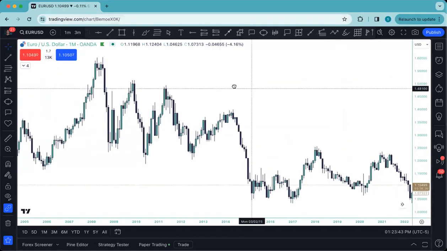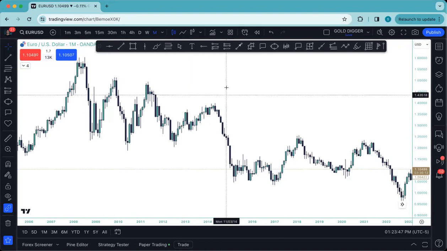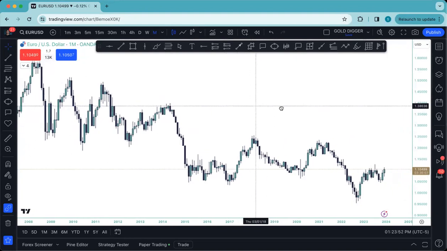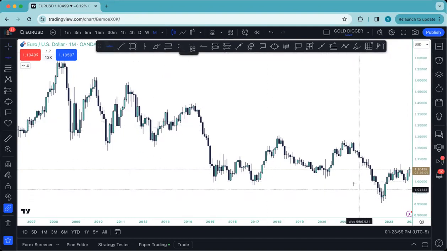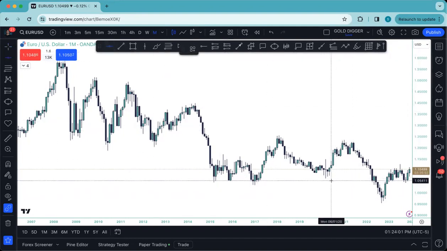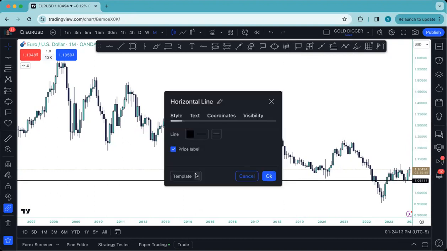Okay. So the first thing we're going to do is identify our monthly and weekly levels. So we're going to start close to price. That is a monthly.